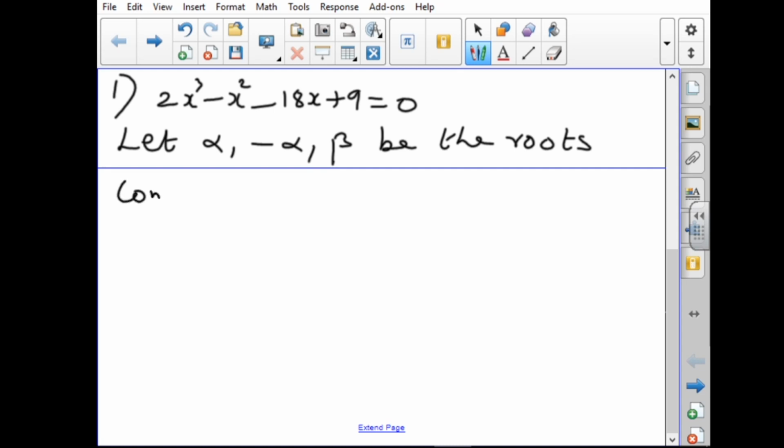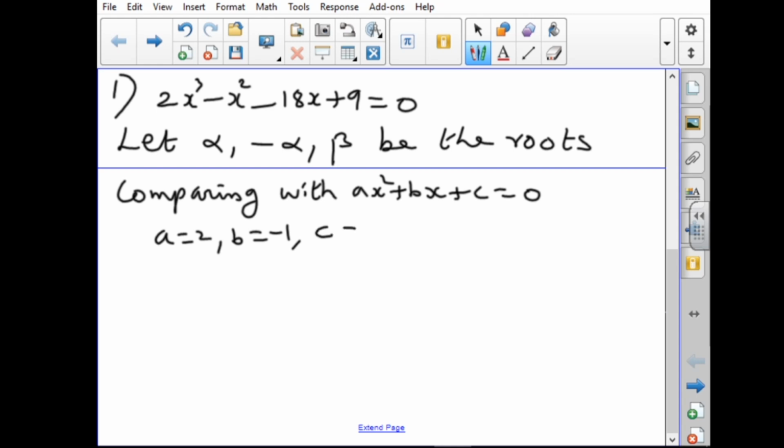Comparing the given equation with the cubic equation ax cube plus bx square plus cx plus d is equal to 0, we get a is equal to 2, b is equal to minus 1, c is equal to minus 18 and d is equal to 9.